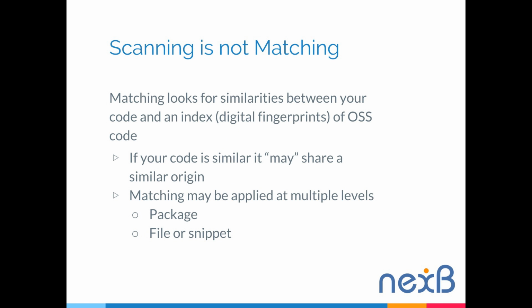Matching is to find similarities between some piece of code and an index of code, that would typically be open source code that you would have collected and indexed. So scanning is not matching. Here, we don't do matching.